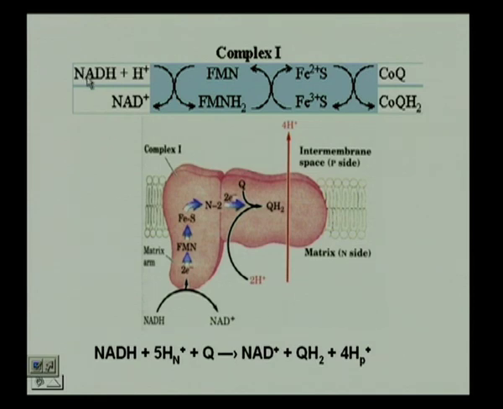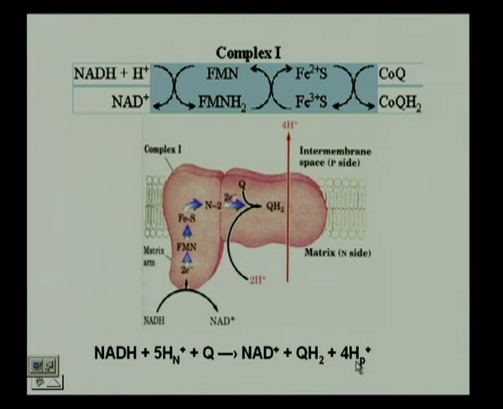Okay. So, we have basically an overall reaction. This is actually what you need to know. NADH plus 5 protons from the matrix side plus Q forming NAD plus QH2 plus 4 protons in the intermembrane space. Okay.